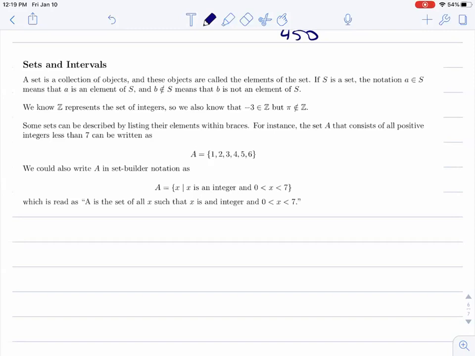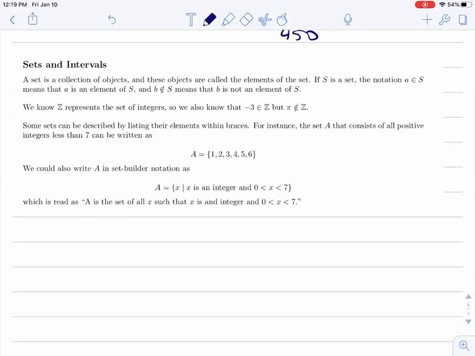And so we can say things like something is in the set. I guess I shouldn't be blocking that so much. Typically we denote sets by capital letters.